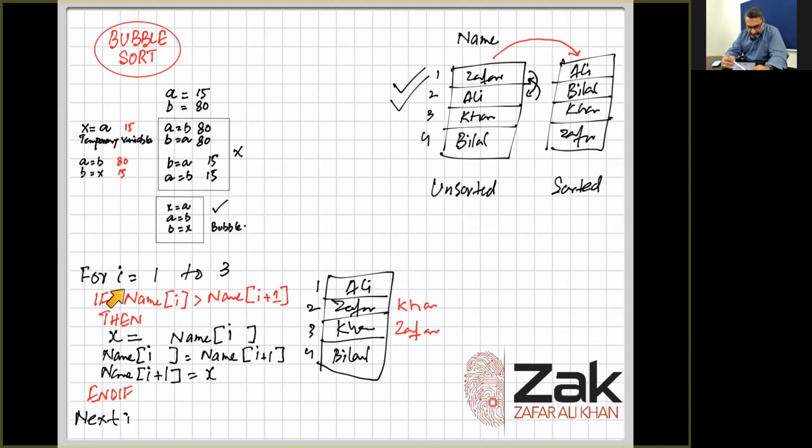Now it is checking if name 3, which is now Zafar, is greater than name 4, which is Bilal. Yes, that is true. So Bilal will come up as Zafar goes down.